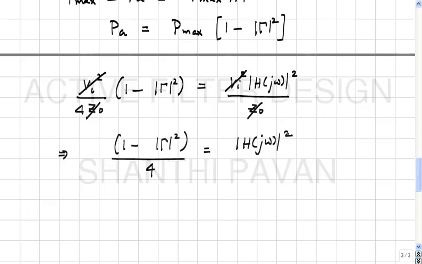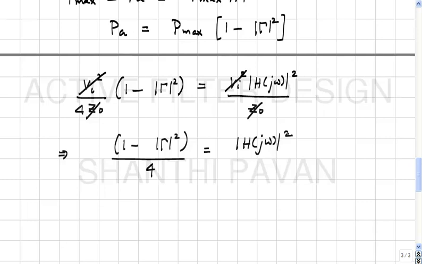But the power absorbed into the LC network can also be looked at as the maximum power available from the source times 1 minus reflection coefficient the whole square, where the reflection coefficient is some measure of deviation of the input impedance of the LC network from Z naught.